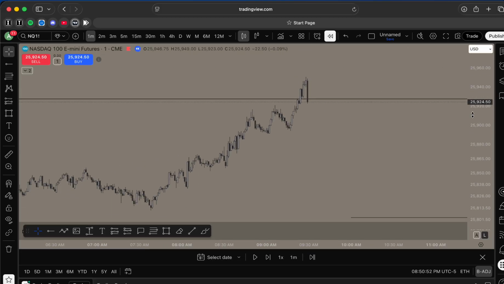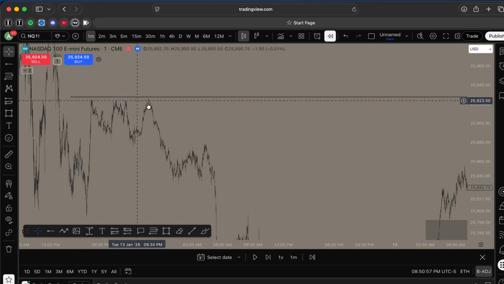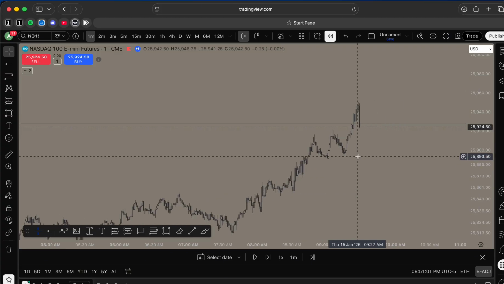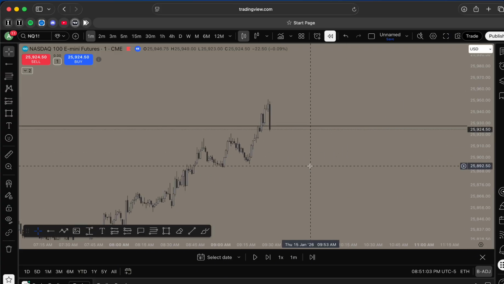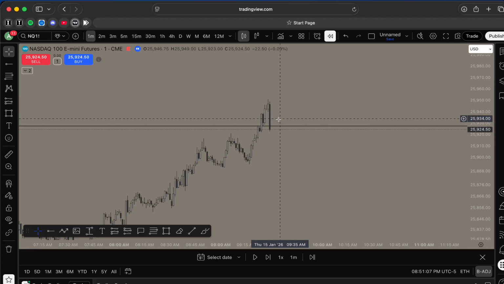Like I said, we have already swept these relative equal highs right here. That draw has been swept, and what do we see when market opens? We see a rejection off of the draw on liquidity after it has been taken. We have a bearish candle. Let's see what the next candle does. Another bearish candle.